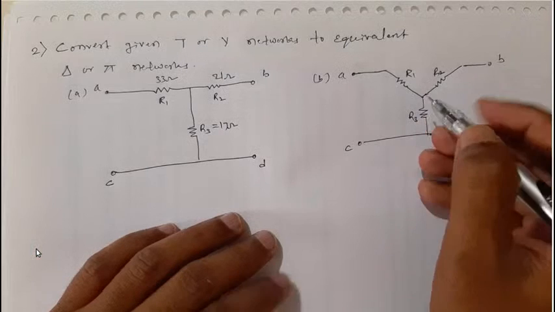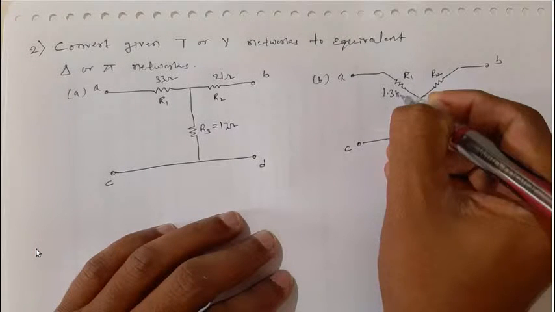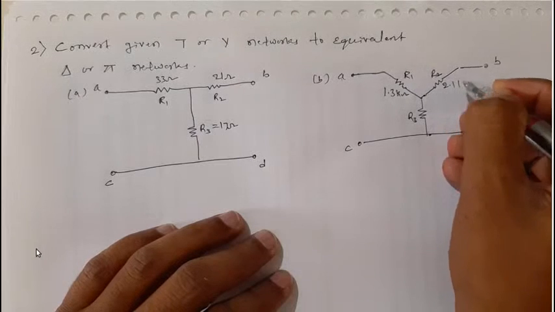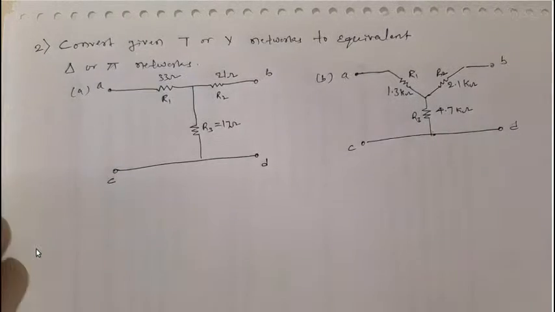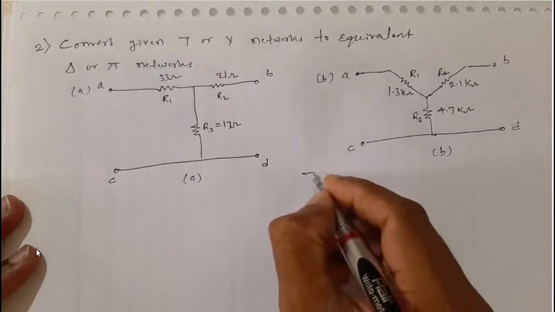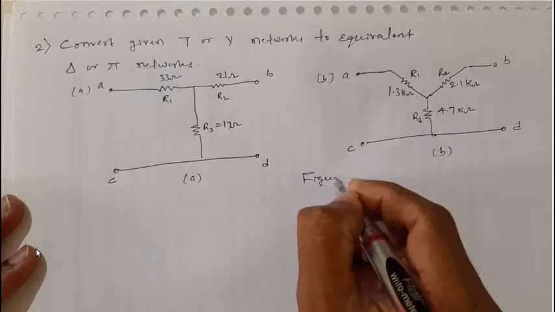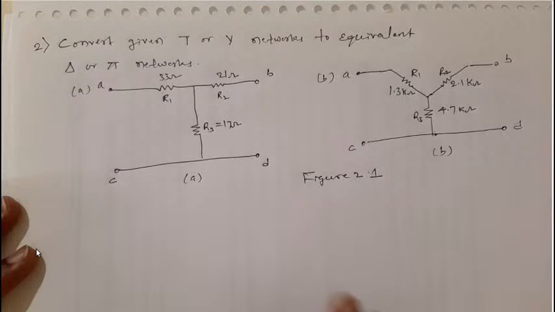The value of R1 is 1.3 kilo ohm, this is 2.1 kilo ohm, and R3 is given as well. This I call figure A, this is figure B. Let me take this as figure 2, that is 2.1 A and B.